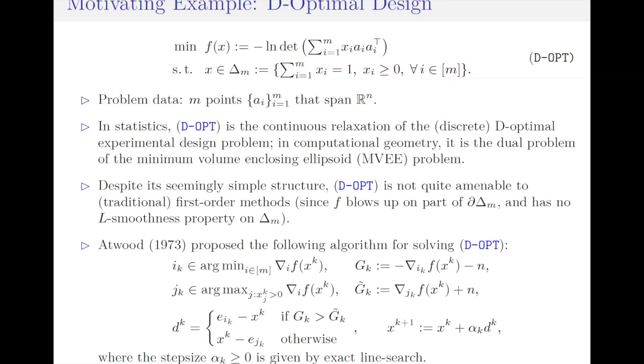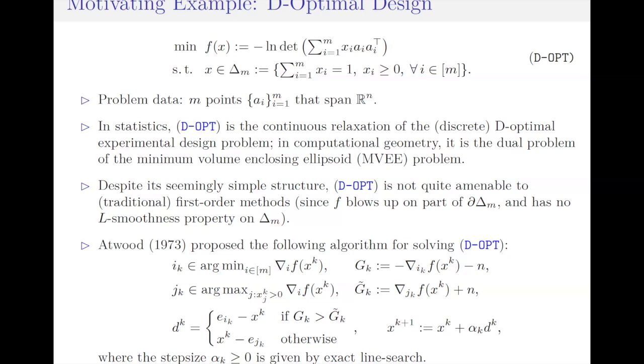Structurally, it is a Frank-Wolfe algorithm, but in each iteration it computes two points. The first one takes the gradient of this function, computes the index corresponding to the minimum entry of the gradient, and then computes a Frank-Wolfe gap in this form.